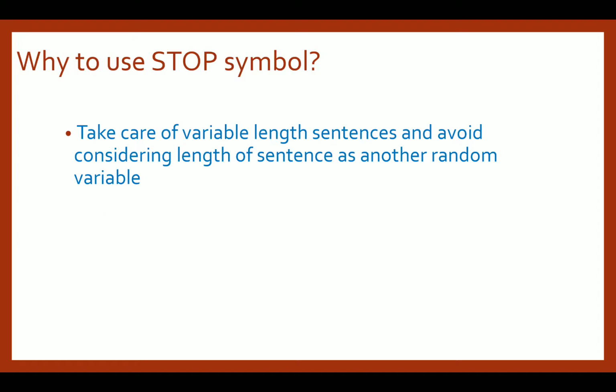So if you remember, when we discussed the trigram or bigram models, we said that we have a vocabulary, which is the set of your tokens, as well as specific symbols which indicate the end of the sentence.